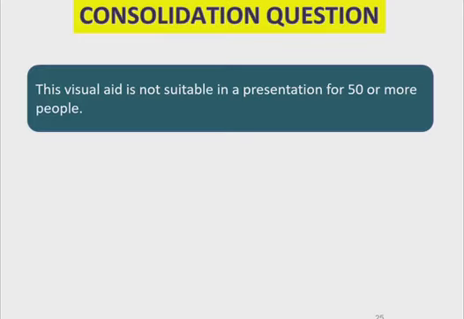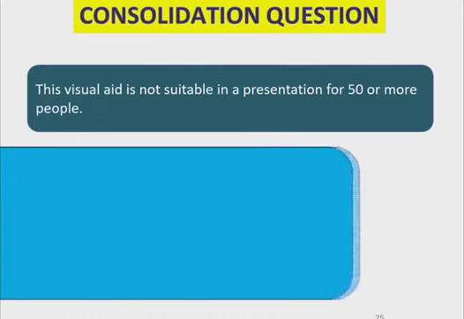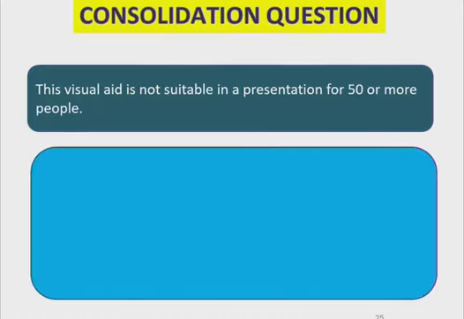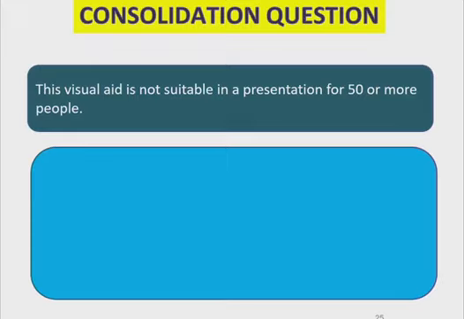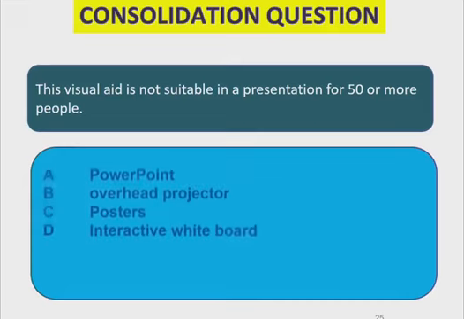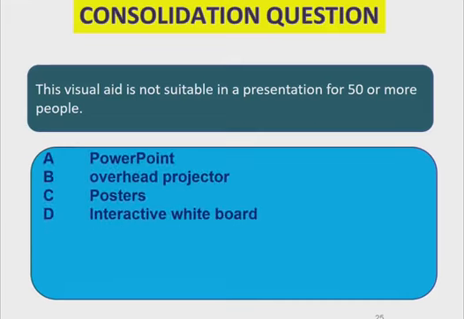Next slide. And now we are looking at visual aids again, learners. And so maybe what you can do is, let's see if you can answer the question very quickly. So let's look at the question. This is a Section A type question, and it's a multiple choice one. And so here it is. The visual aid is not suitable in a presentation for 50 or more people.